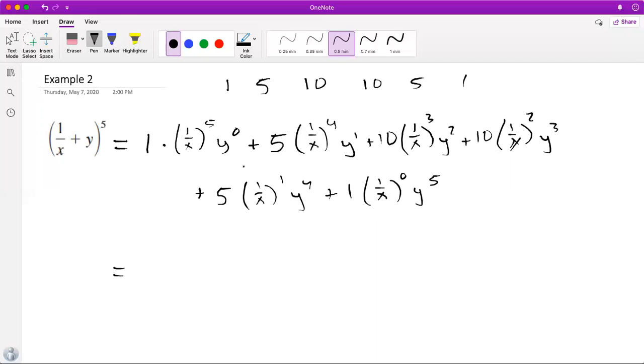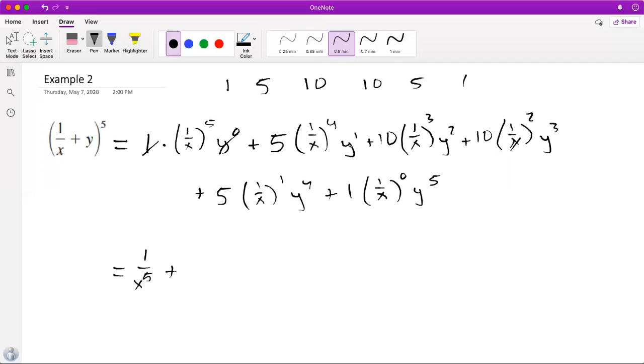So the first term here, if I simplify, 1 over x to the 5th. I can write that like this if I want to. 1 to the 5th is just 1, so I can keep doing that. Plus, the only coefficient is 5, so I don't have to worry about that.